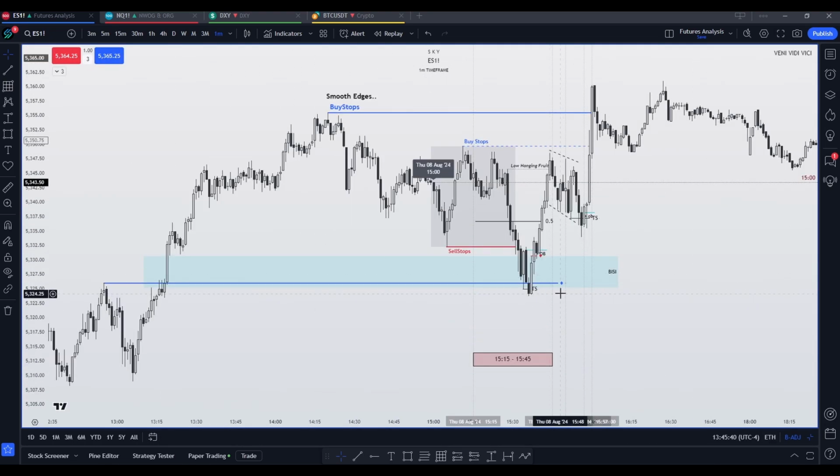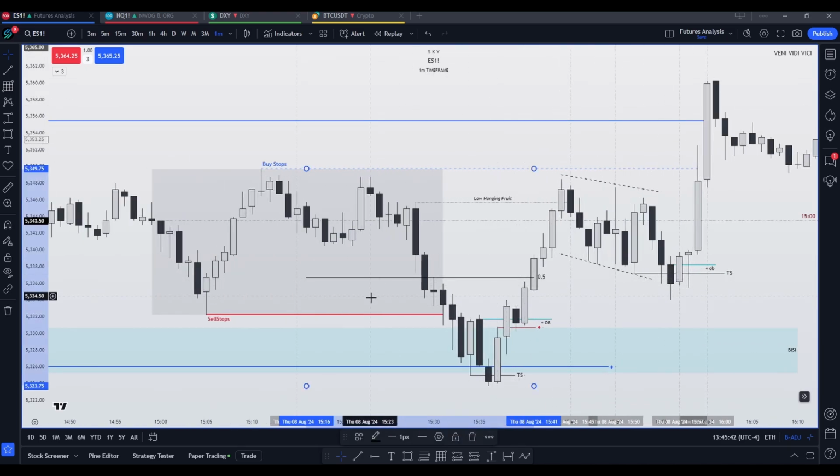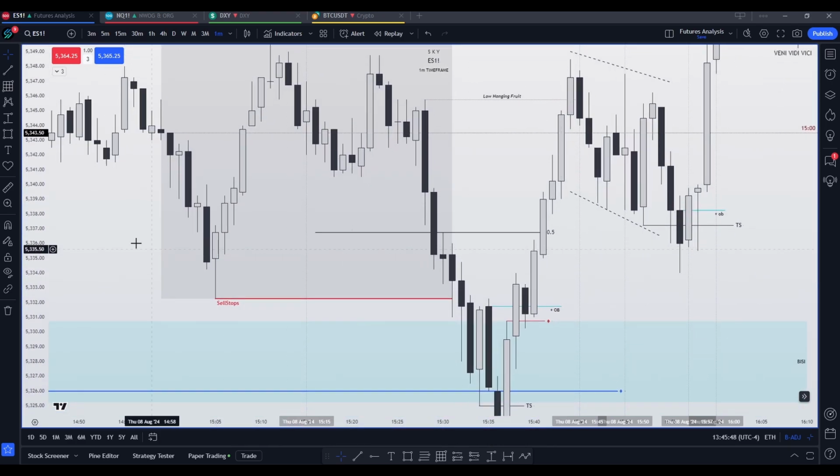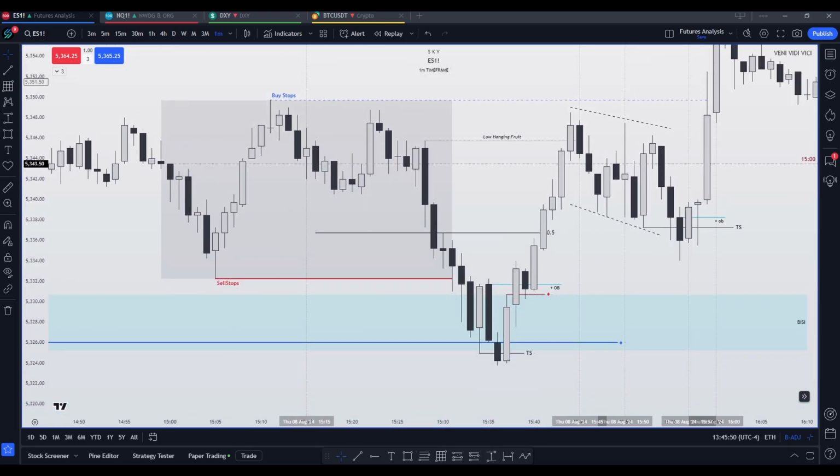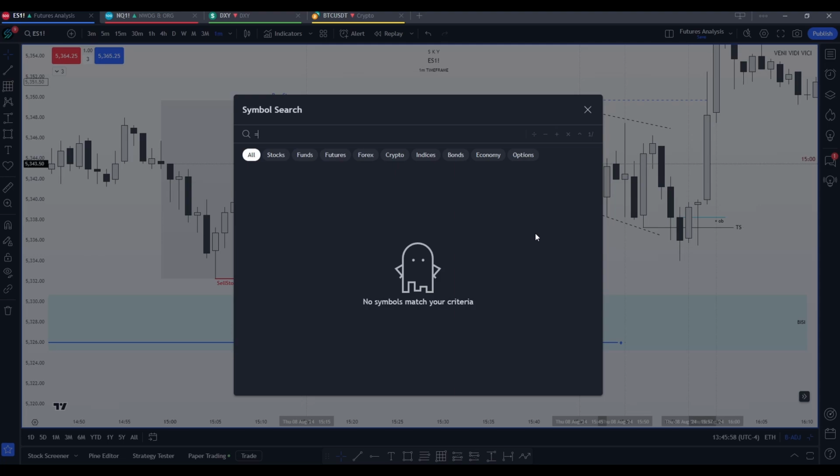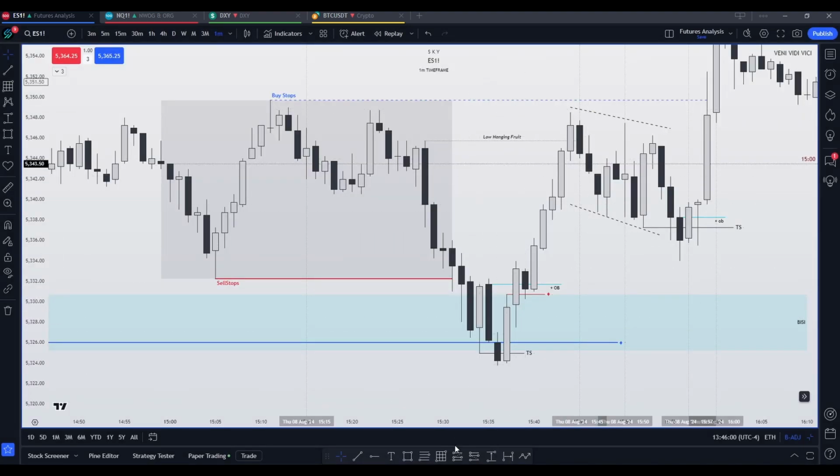On the example, once again, you can also take a partial on the 50% of the range that we are making. You can also save and gain some consistent results that way. So we have our order block, our 50% of the range, whatever. We have our low hanging fruit.